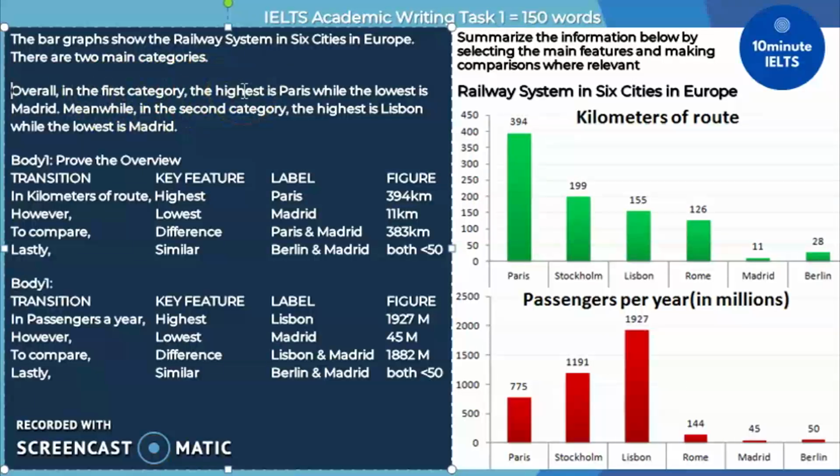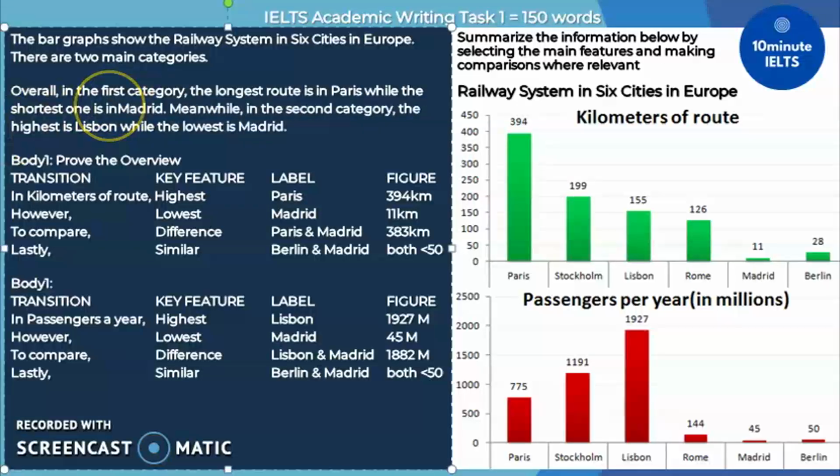And in this case, the highest means distance, so why not make this the longest route is in Paris, while the shortest one is in Madrid.